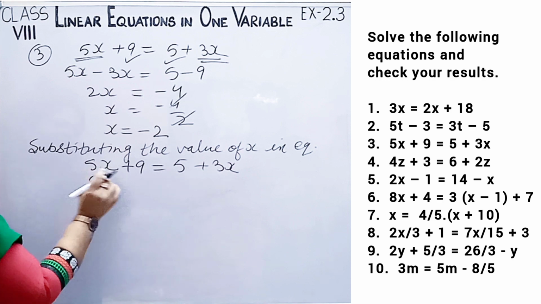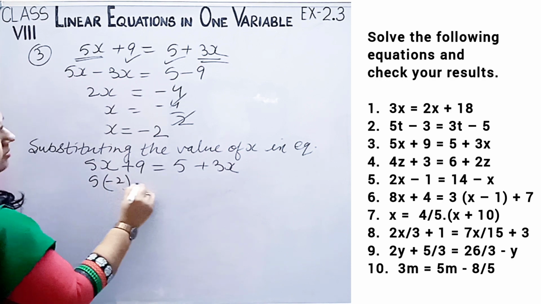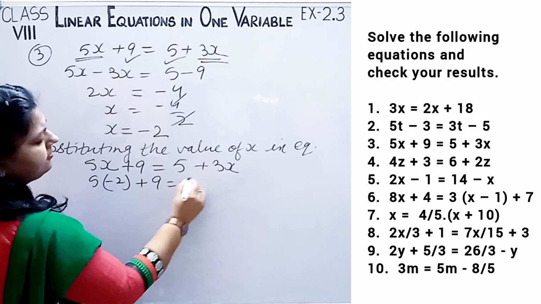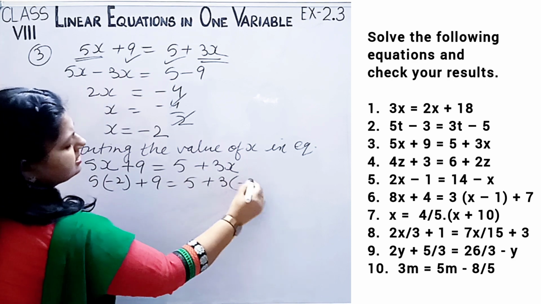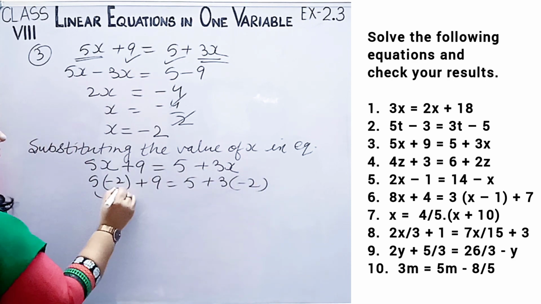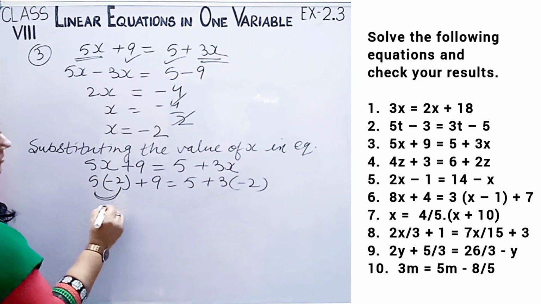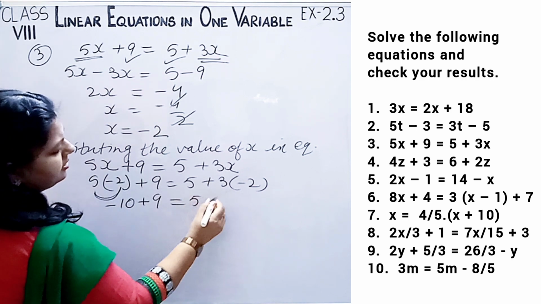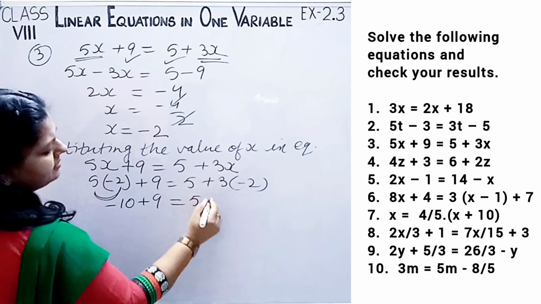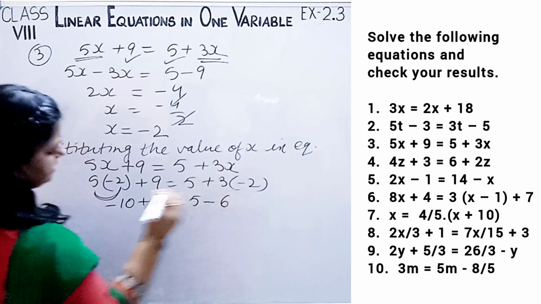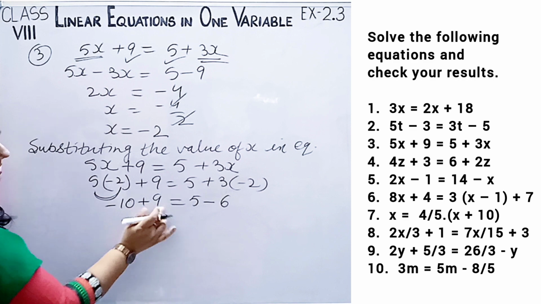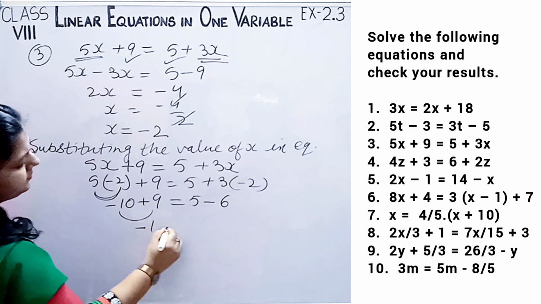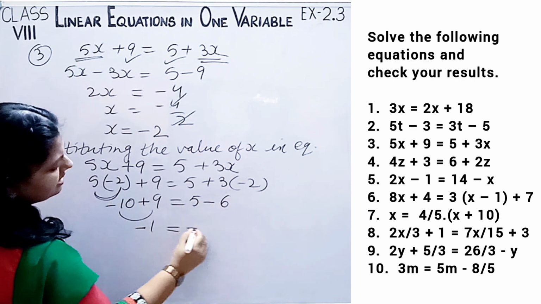So putting the value of x here, 5 times minus 2 plus 9 equal to 5 plus 3 times minus 2. Multiply with 5, we get minus 10 plus 9 equal to 5, plus times minus 3 is minus 6. Now minus 10 plus 9 is minus 1 and 5 minus 6 is minus 1.